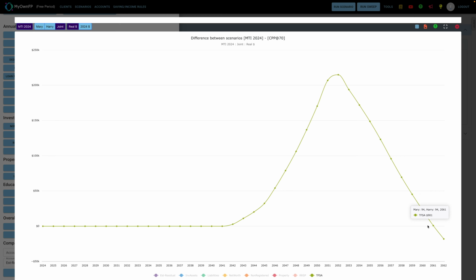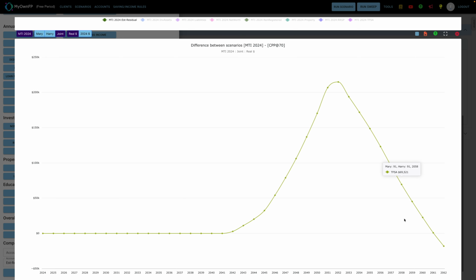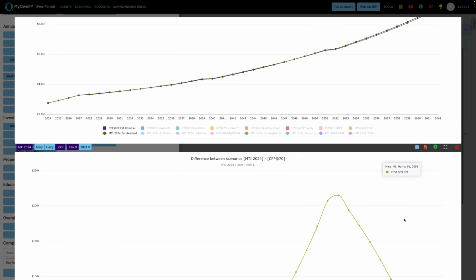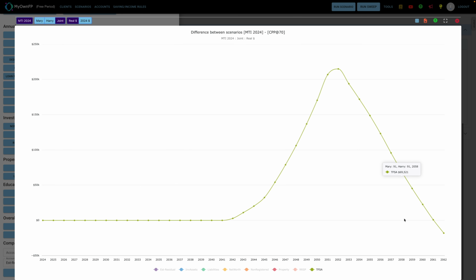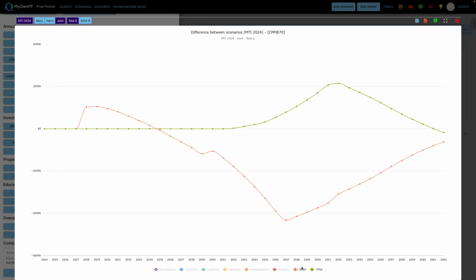And as we get towards 93, 94, we actually end up with slightly less in our TFSA in the MTI case than we had in the default case, which was CPP at 70. So it's interesting that in the earlier years you had enough money to add more to your TFSA in the prior example.